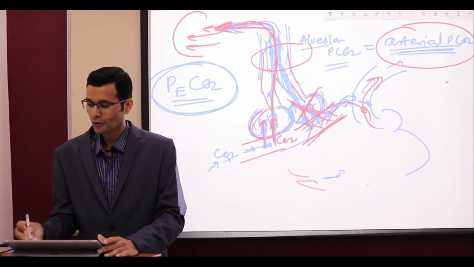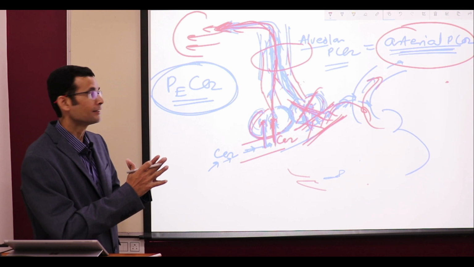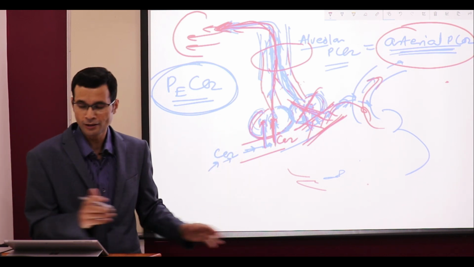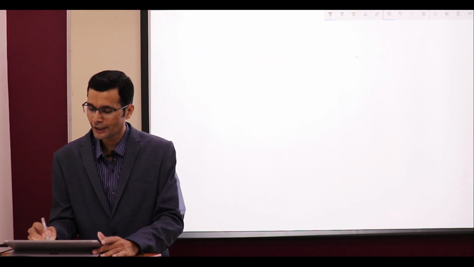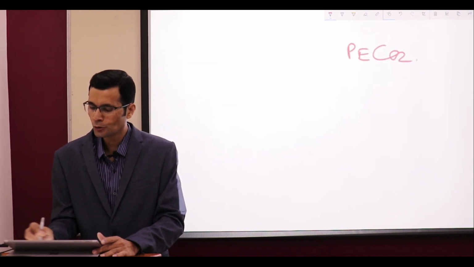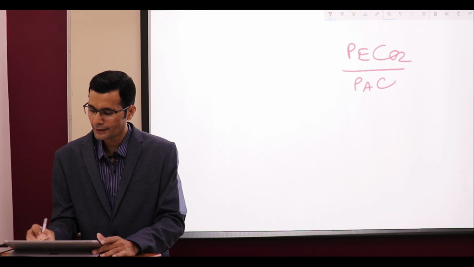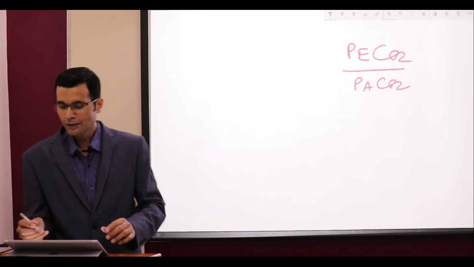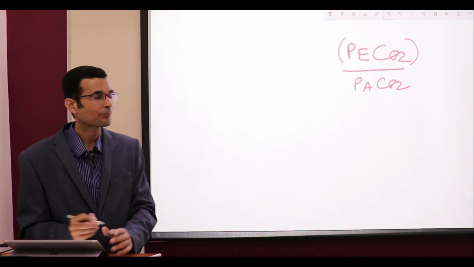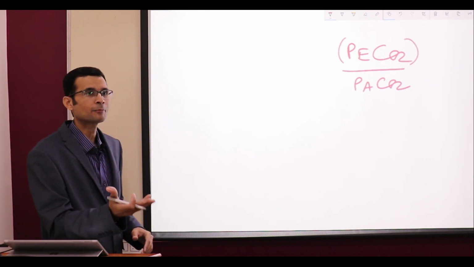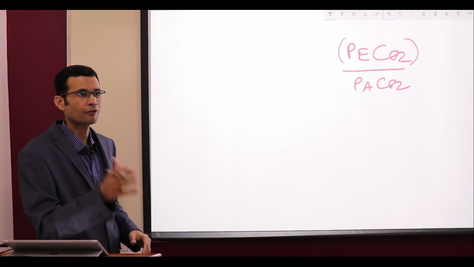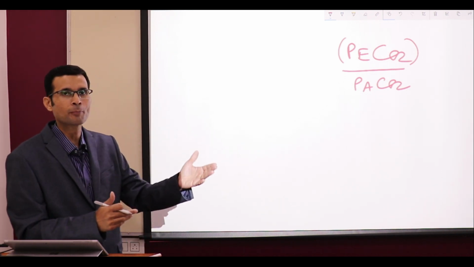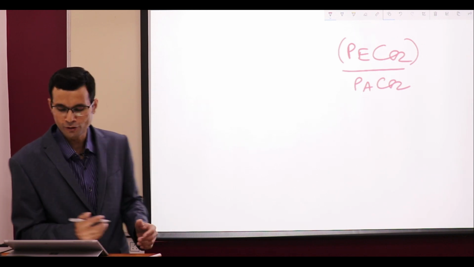That's the basis for measurement of alveolar dead space. That's the principle, and therefore we are looking at this ratio of PeCO2 upon PaCO2, expired PCO2 upon arterial PCO2. If this is less, that means the alveolar dead space volume is more. Therefore, gas exchange could not occur in that alveolar dead space, and therefore the expired air had less carbon dioxide.